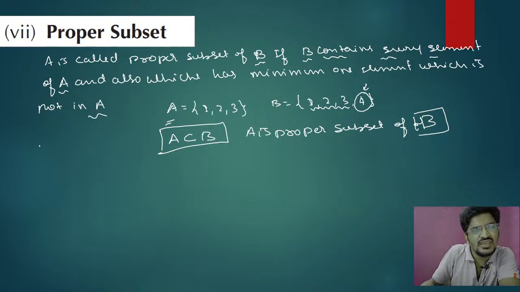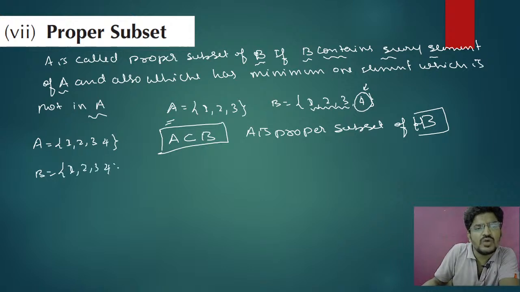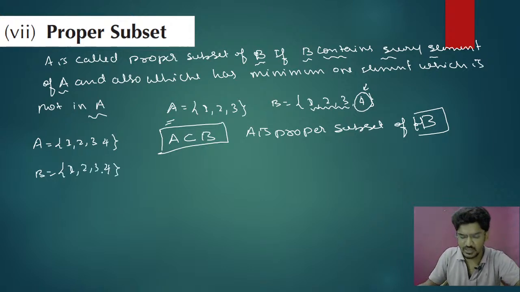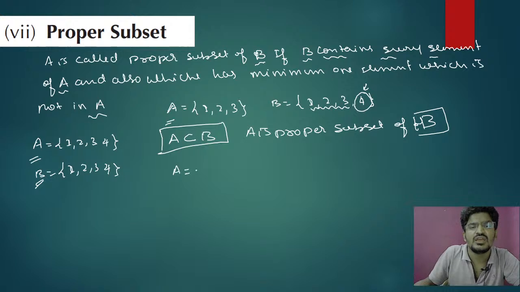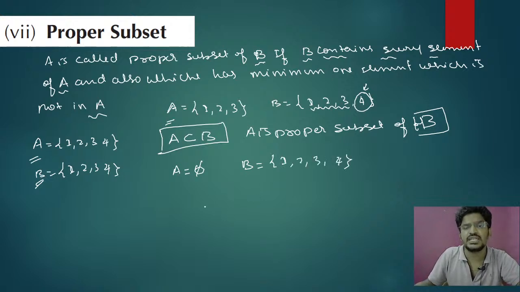You can also see, if A is 1, 2, 3, 4 and B is 1, 2, 3, 4, now I can't say A is a proper subset of B. Why? Because both sets have the same elements. Again, if A equals empty and B equals 1, 2, 3, 4, we know the empty set is a subset of all sets.